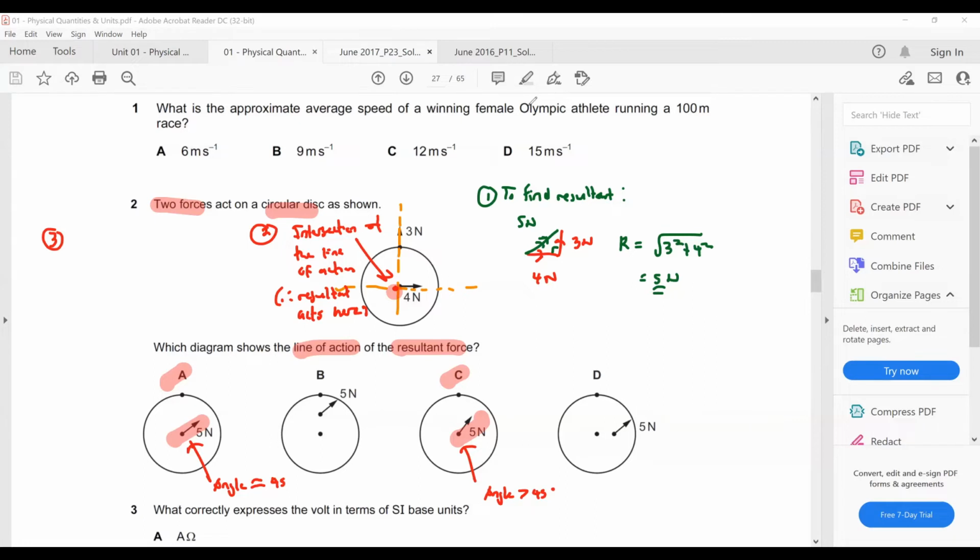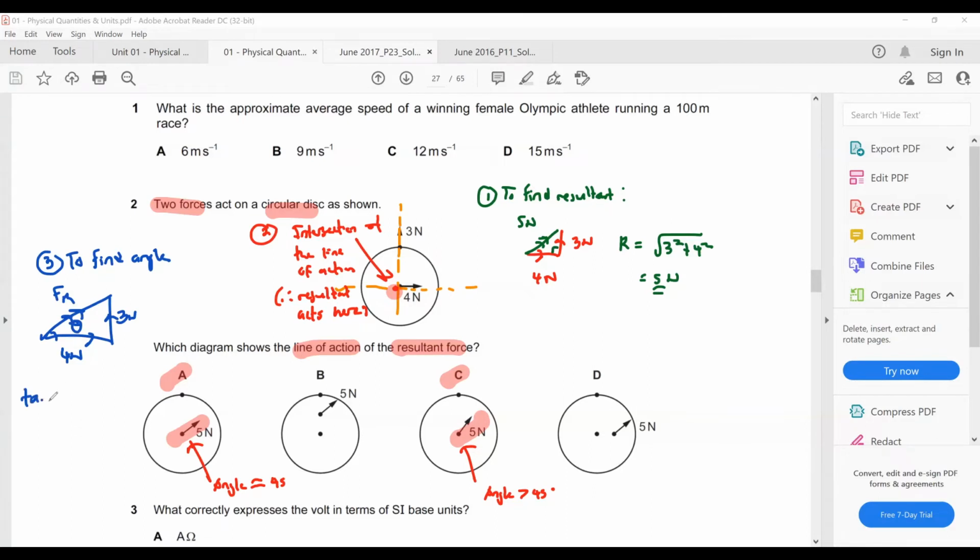To find the angle, let me erase this. Okay, to find the angle, you have this one here, where this one is your resultant. This one is 4 Newton, this one is 3 Newton. What is your angle here?